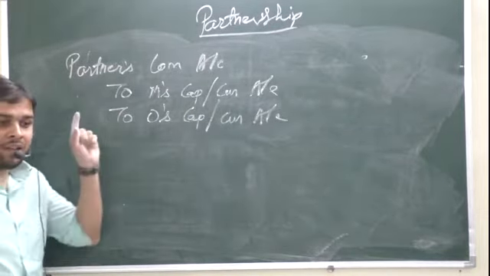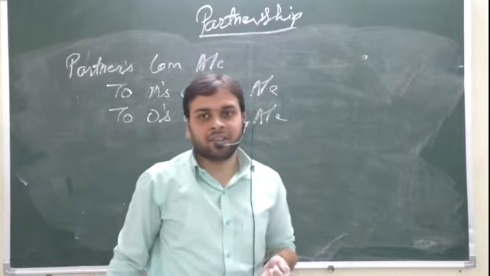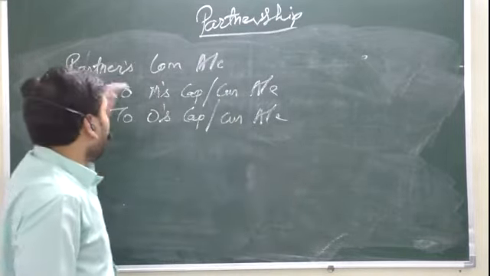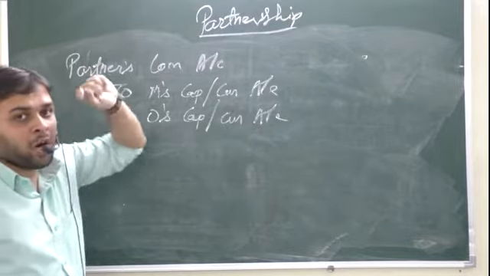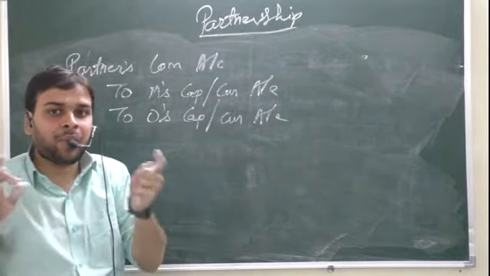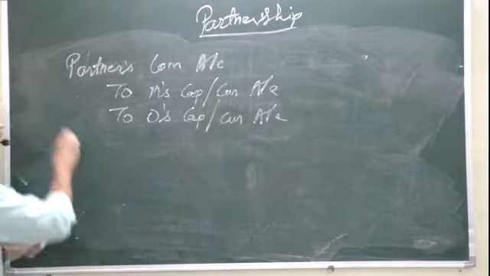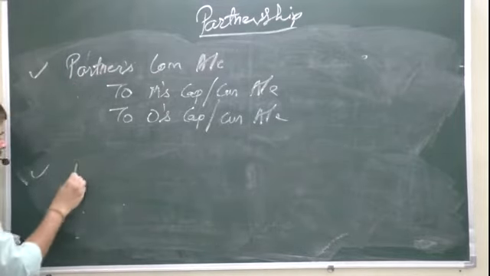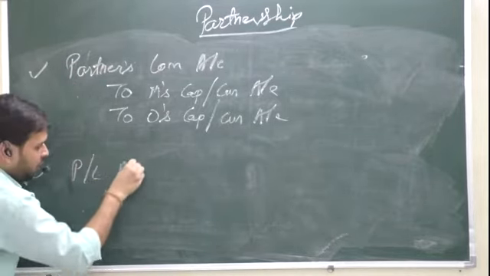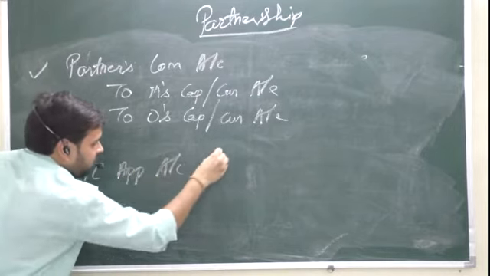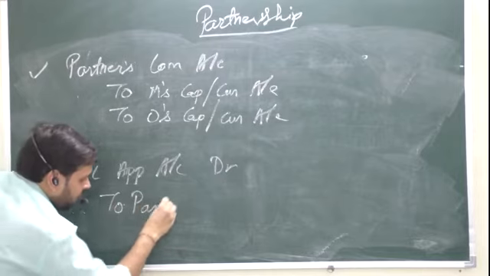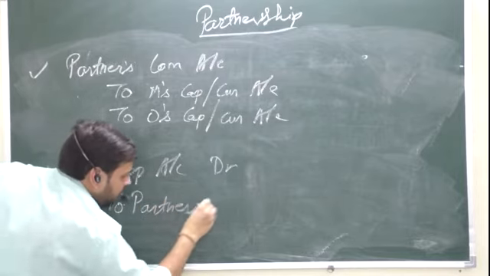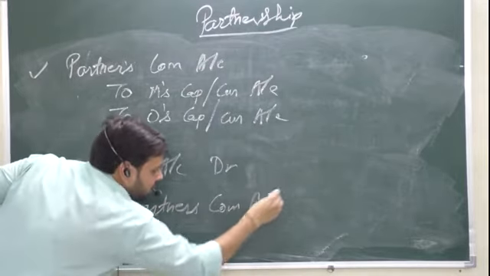In the same manner that we have done regarding the salary, by the end we have to transfer the partner's commission not to the P&L account, but to the P&L appropriation account. So the transfer entry will be P&L Appropriation Account debit to Partner's Commission Account.